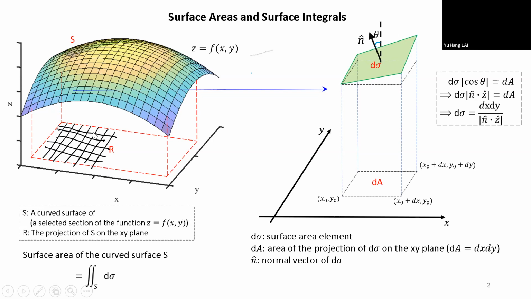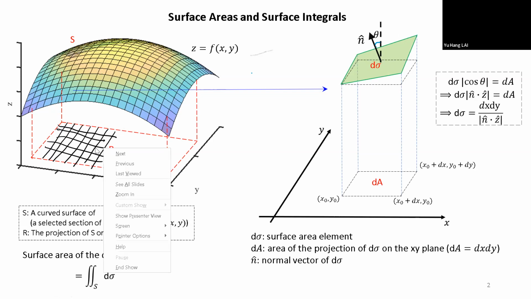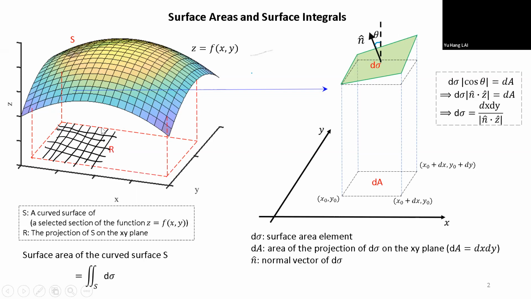grid. And for each element here will correspond to one element up there. Here I have all these little squares. Up there I will have a little bit of this curved surface.